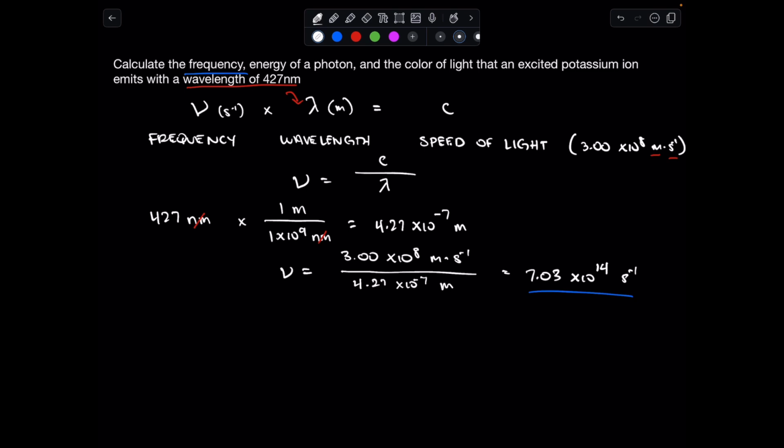This is going to require a different formula. We're going to call this energy photon. This is going to be equal to Planck's constant times frequency.